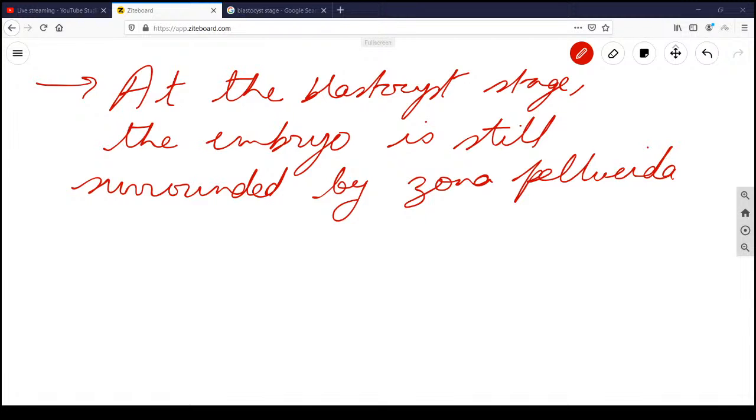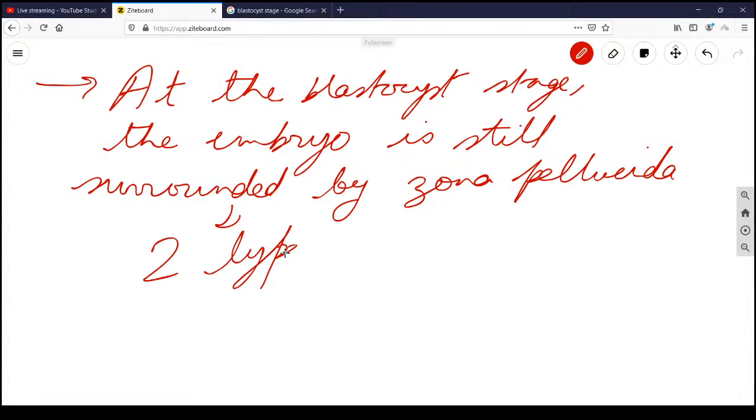Always know this fact. It also consists of two types of cells now, as I showed you in the diagram. An outer epithelial layer known as the trophoblast, which surrounds a small inner group of cells known as the inner cell mass.